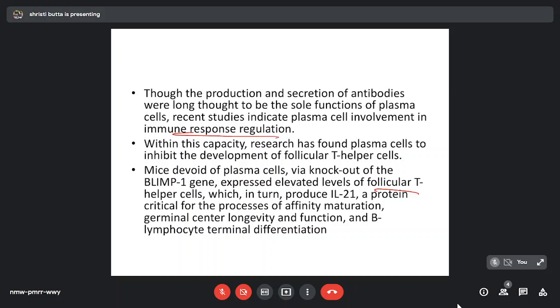So if you have a knockout of the BLIMP1 gene, that results in mice devoid of plasma cells, and that allows for elevated levels of follicular T helper cells, which in turn produce interleukin 21, a protein which is critical for the processes of affinity maturation, germinal center longevity and function, and B lymphocyte terminal differentiation, right?